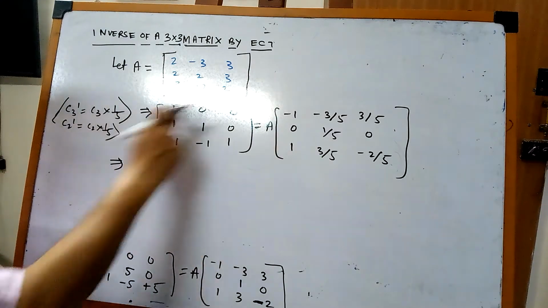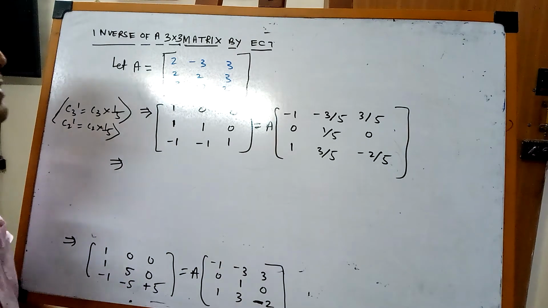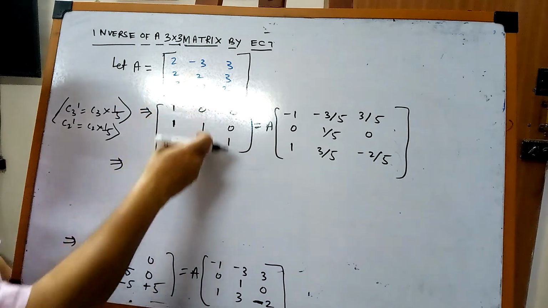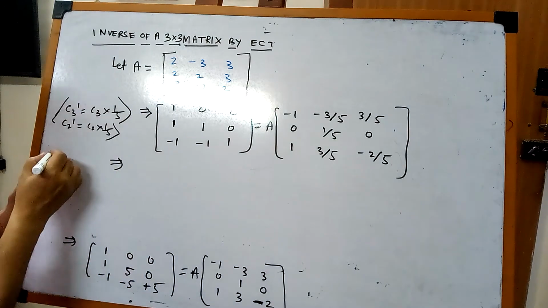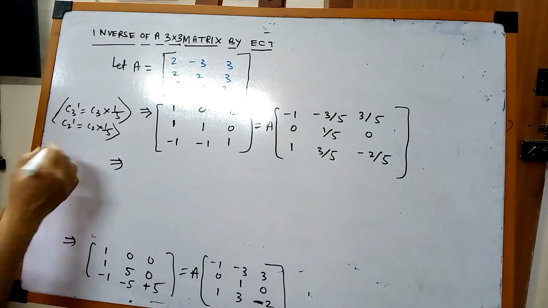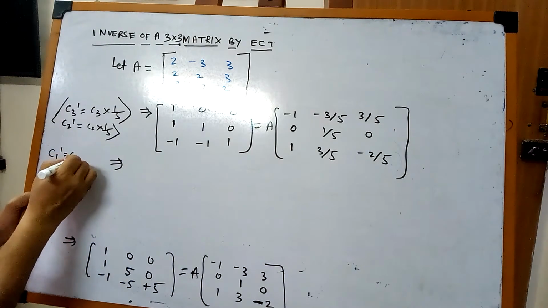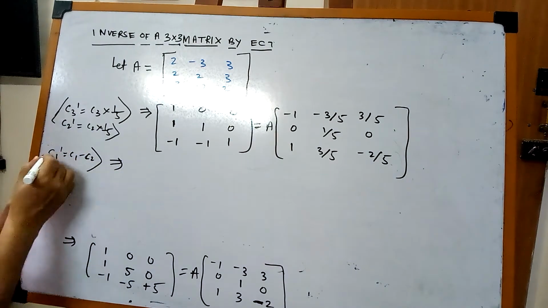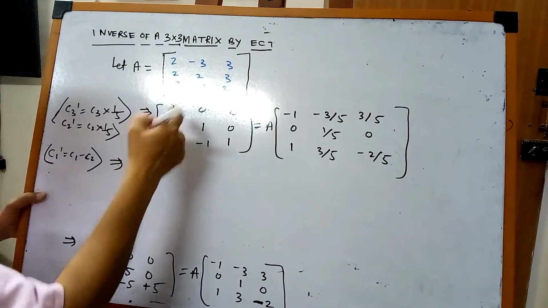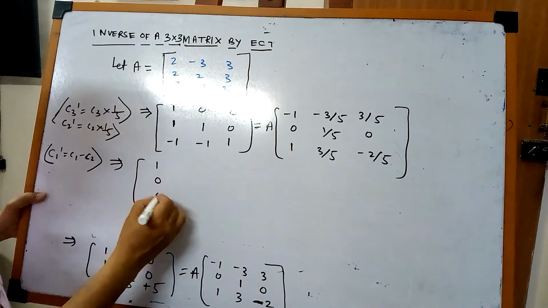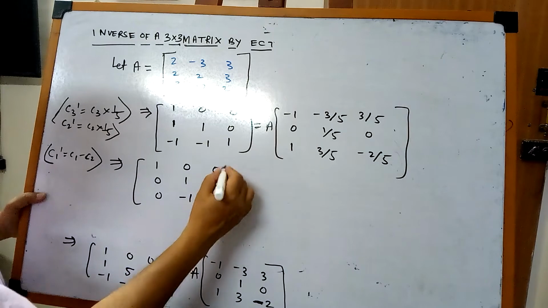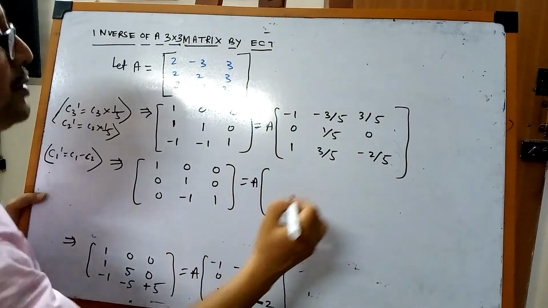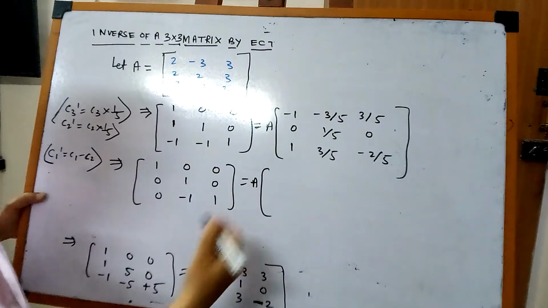Now I have to get 1 0 0, 0 1 0, 0 0 1, that I haven't got. So how to start? First step I do, I subtract this from this. Very nicely I am getting 0 0 here. So do that only first. C1' = C1 - C2. Do it. So if we subtract, it will be 1 0 0, 0 1 minus 1, 0 0 1 equal to A into, you are subtracting this from this.